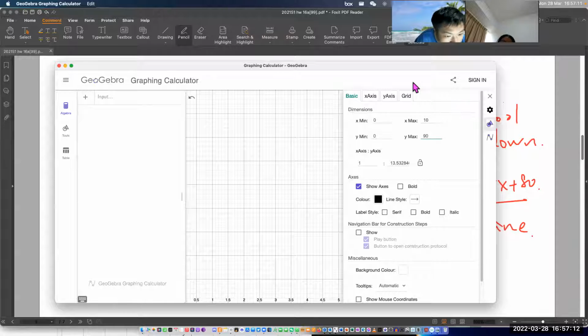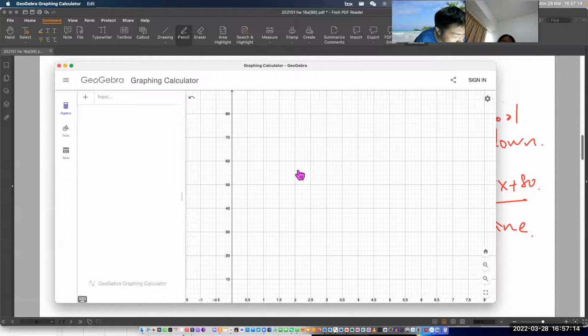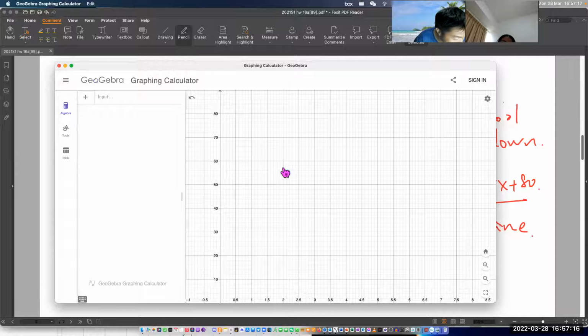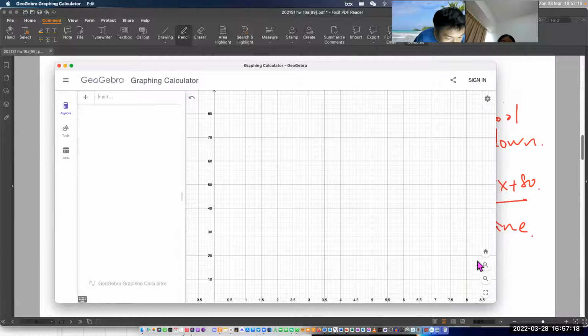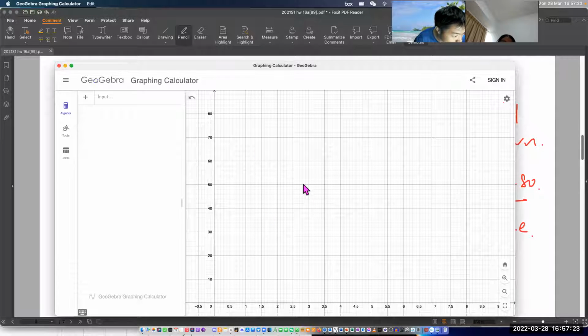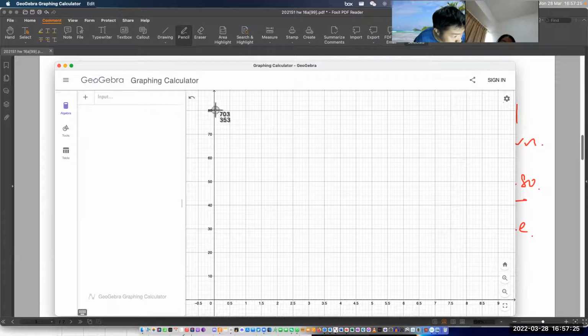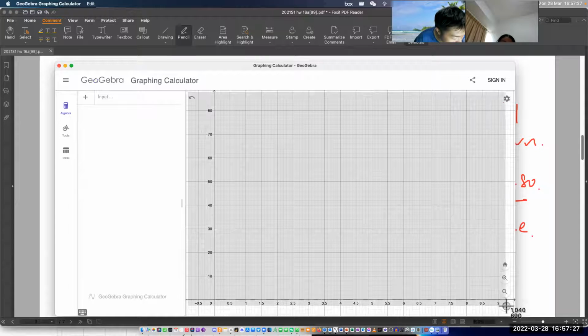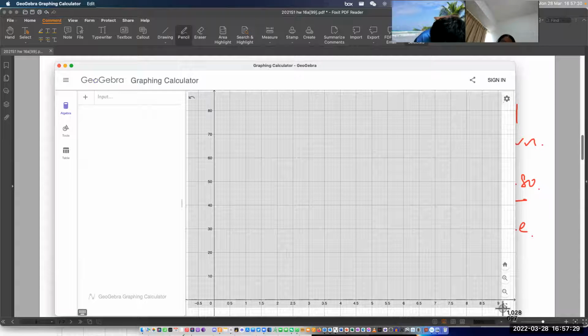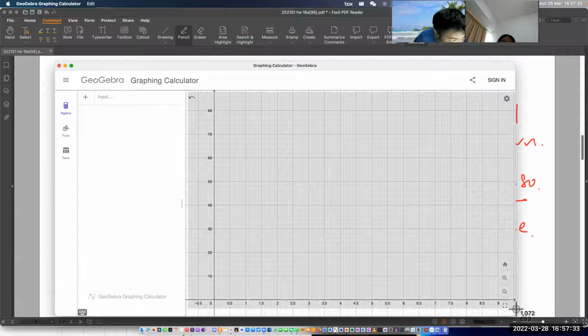Okay, good, done. So back to the graph. Can you see? It's nicely done here. I just need to crop this out. If you want to use the GeoGebra app, this is the way. But of course, if you tell me you don't want to use the GeoGebra app, then fine with me also.